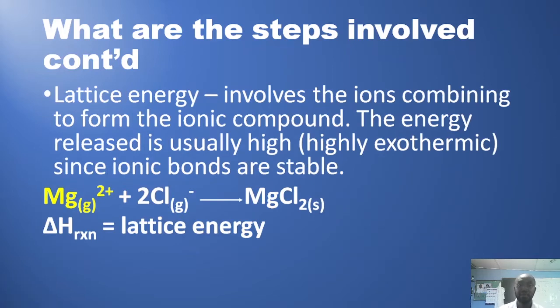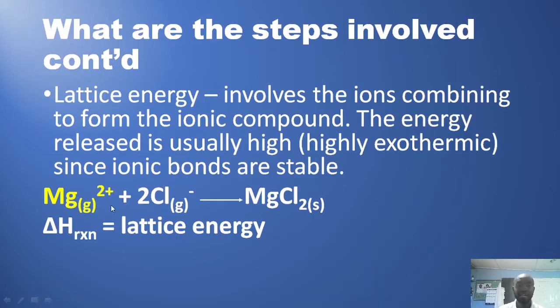Now lattice energy. This involves the ions combining to form the ionic compound. The energy released is usually high, which means that lattice energy is highly exothermic, since the ionic bonds are fairly stable.